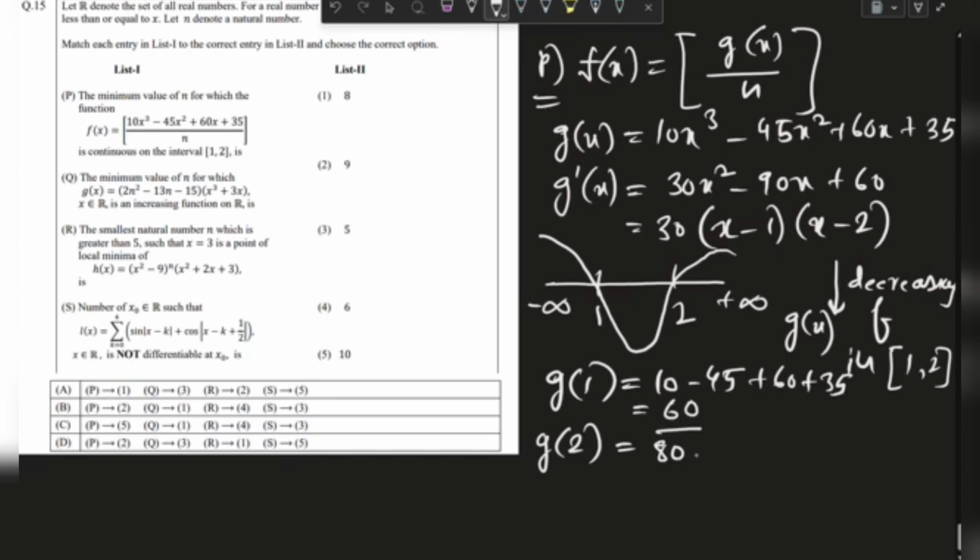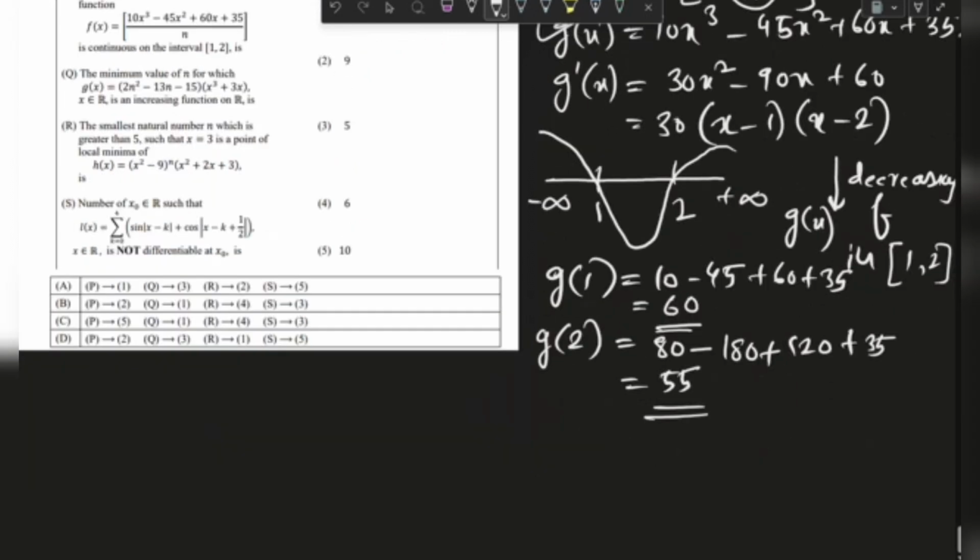And for g of 2, this will be 80 minus 45 times 4 is 180 plus 120 plus 35. So this will come out to be 55. So basically the need for finding this out is that we want to know where the range of values for this function g of x is lying so that we can find out n.